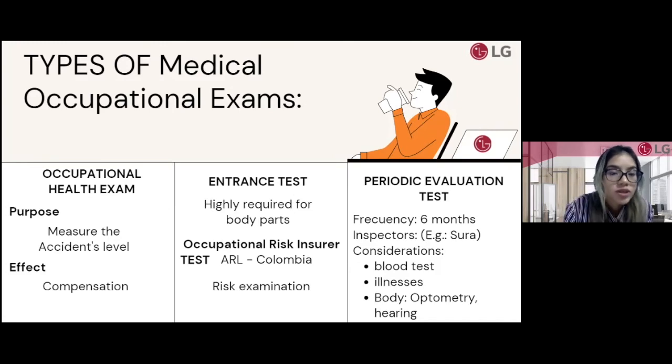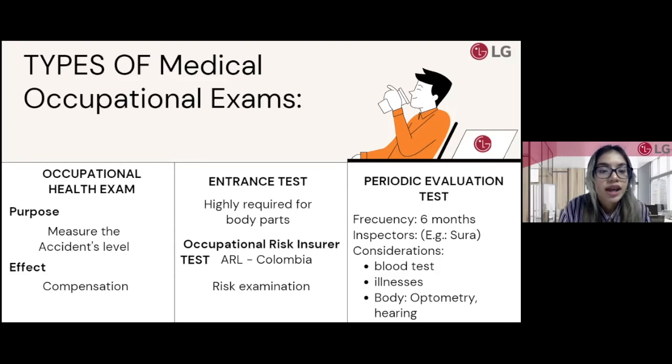And the occupational risk insurer test, done by the ARLs, is similar to the previous ones, but in this case it is to identify how the person is diagnosed, occupationally and professionally, to know the type of risks that can be undertaken in the future. Okay, so we compare this with the personal profile that we already developed before the recruitment and know if the person is able to develop these functions.